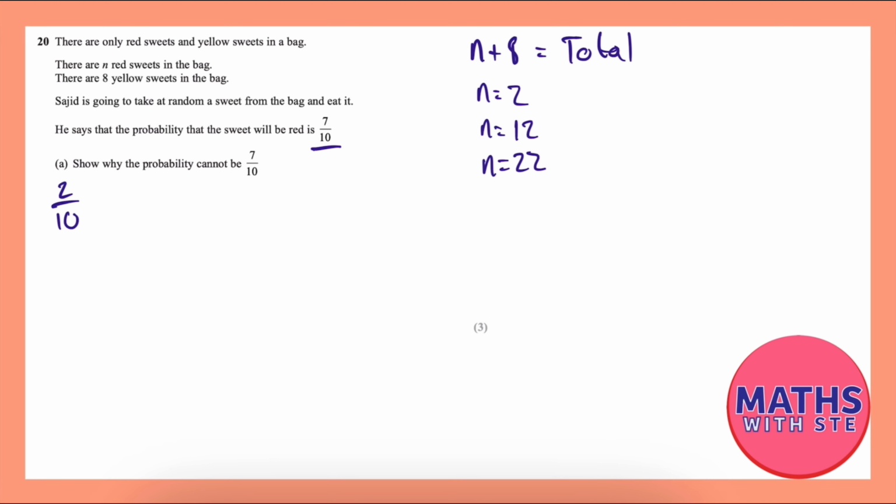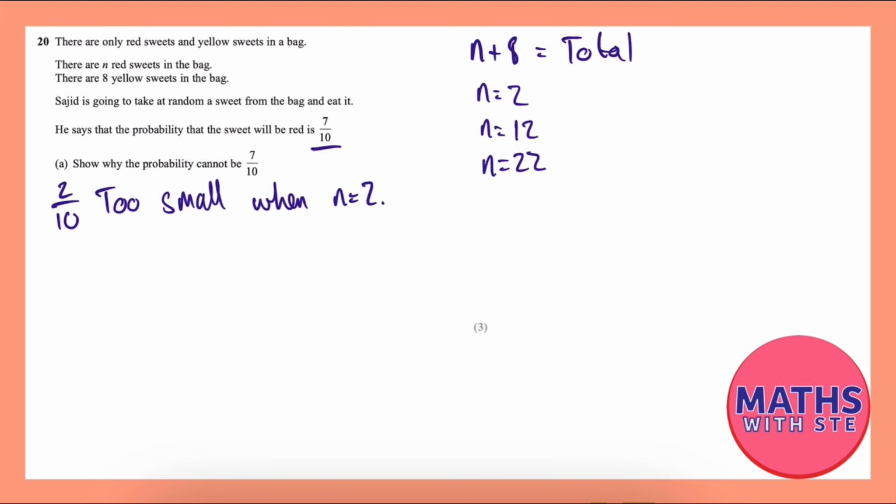It's actually less than. So that's too small. I've got to show this, so I'm just going to put too small when n equals 2.